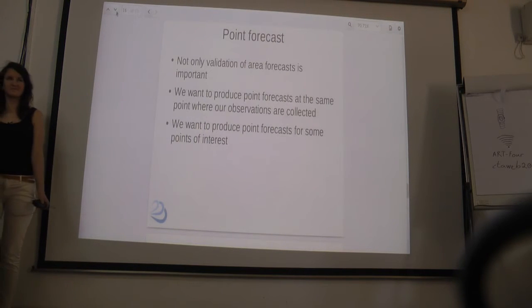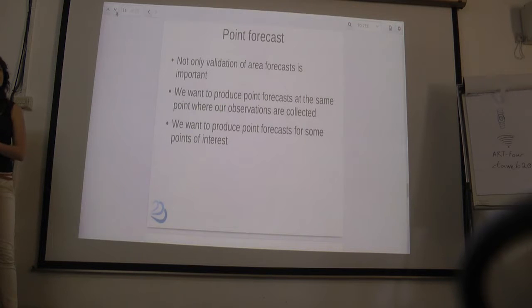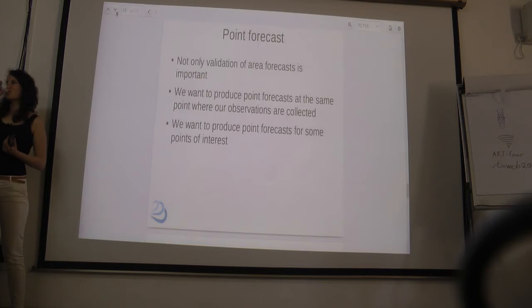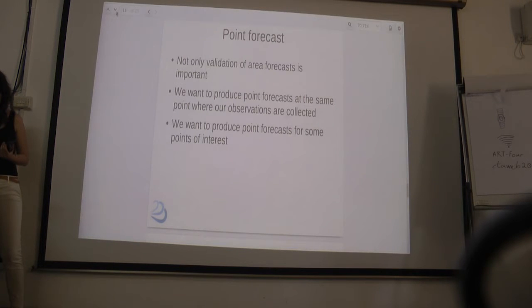So, in a sense, it also depends on the heterogeneity of the surface, isn't it? Yes. But this is something to definitely keep in mind, that there is this thing called representativeness error, and at times it can be very difficult to get your hands on.